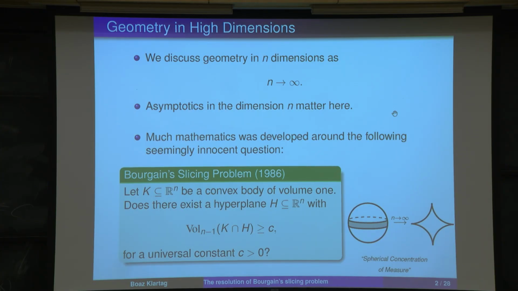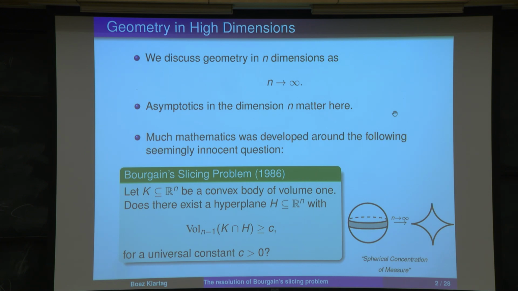Let me tell you what's known. It's much easier to prove that there is a section through the barycenter which is at most a constant. That's much easier than the lower bound. I guess my question is, how sure are you that you cannot replace C with C times square root of n on the right hand side?